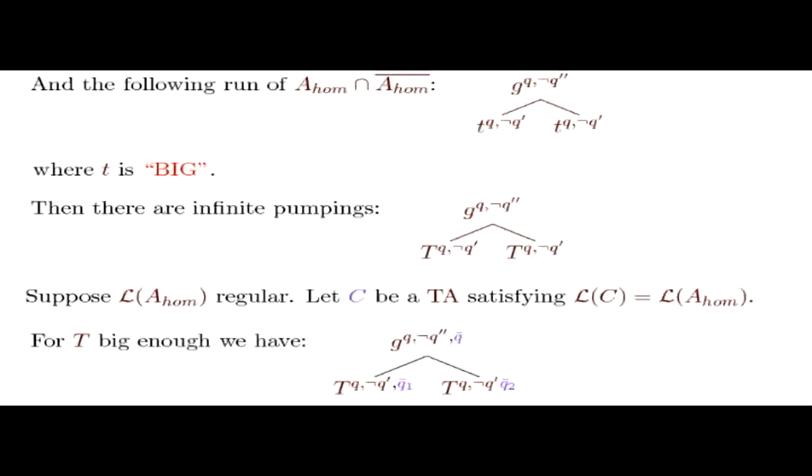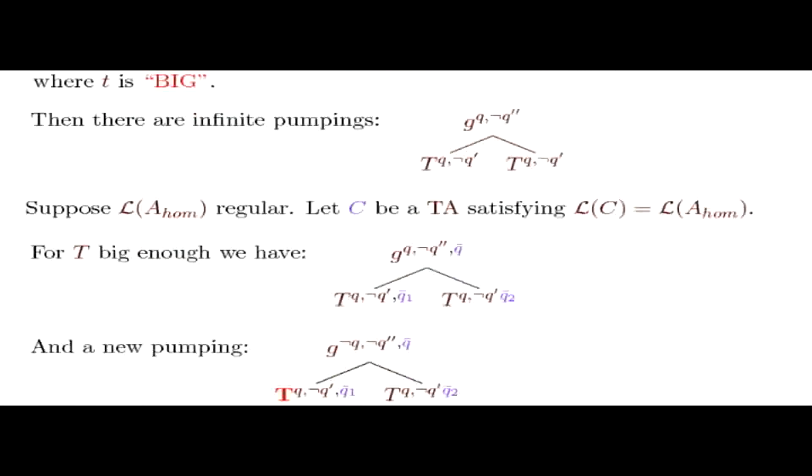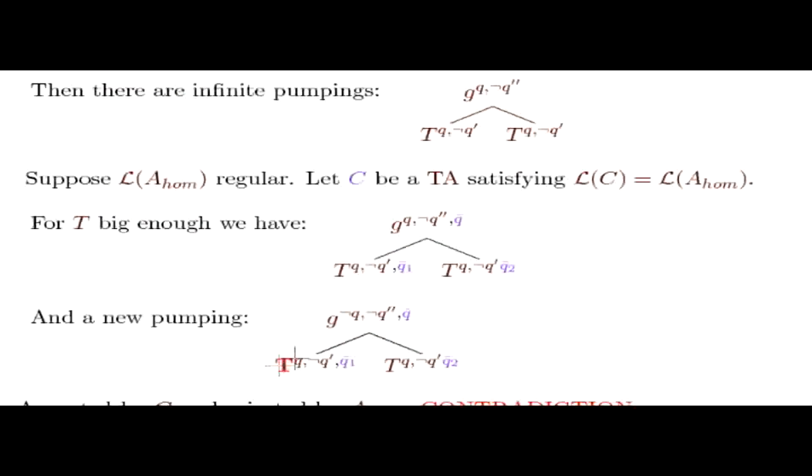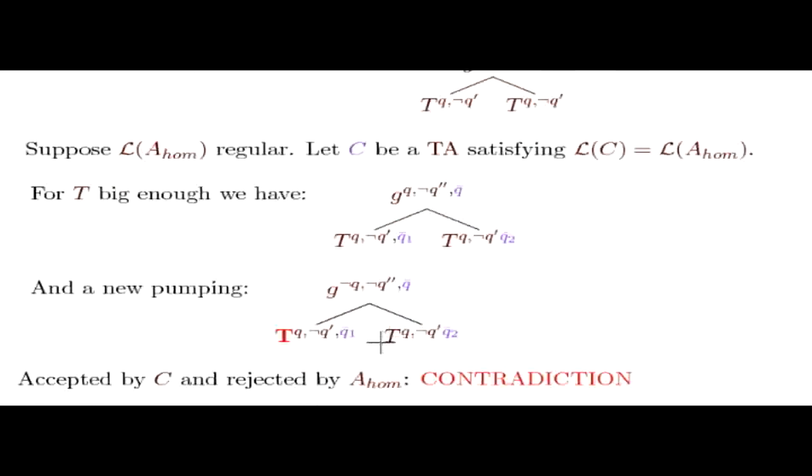Now, we can pump the first child and get different terms at both children, so that the first rule is not applicable. The second rule is neither applicable since Q' is unreachable in the first child. Hence, this term is not accepted by A Hom, but it is accepted by C, and this is a contradiction.